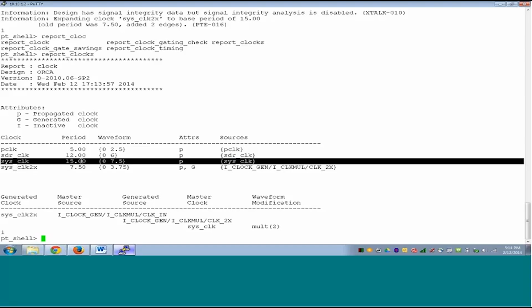Now let's look deeply into what options report timing has. Let's understand how CRPR works. Let's do some clock analysis. Let's do what an STA engineer will do during the process of making sure that his constraints are correct, everything is correct, right? And later we will come to the point.